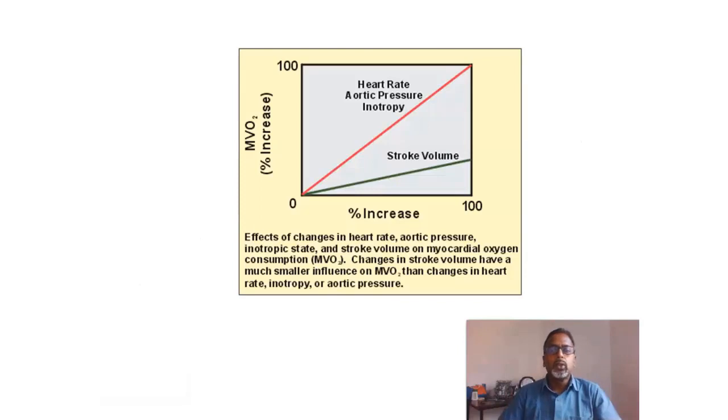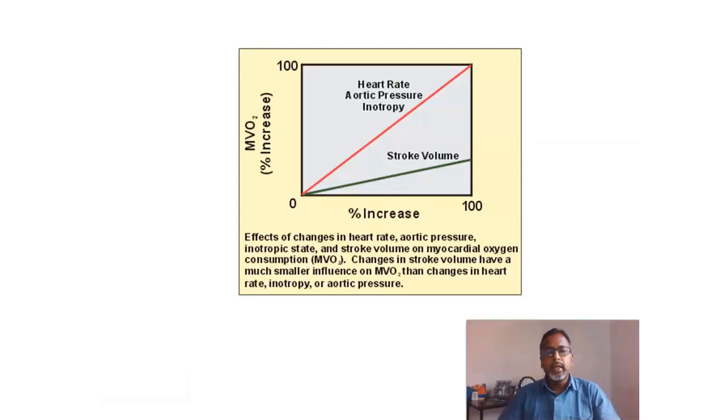So you can increase the stroke volume most of the time by increasing the heart rate, increasing the blood pressure, increasing the inotropic action. And you can increase the stroke volume by increasing the contractility as well as reducing your systemic vascular resistance, that is dilatation.